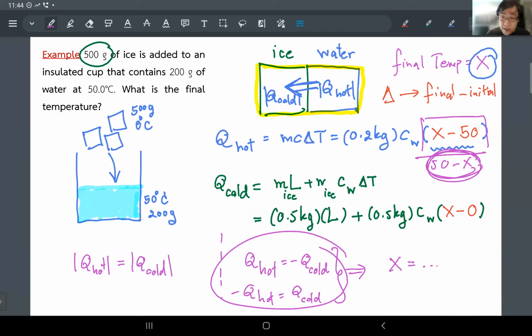For example, like what you are asking, if you mix the vapor, the steam of water, with the ice, the ice has to melt and turn into water. For the steam, you have to use ML first to condense the steam into liquid water, and then you use MC delta T for the temperature change. Yes, that's what it is. Very good. Yep, always. All right, guys, that's a very good question.